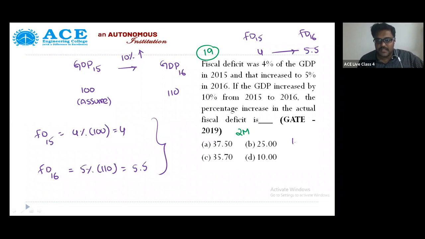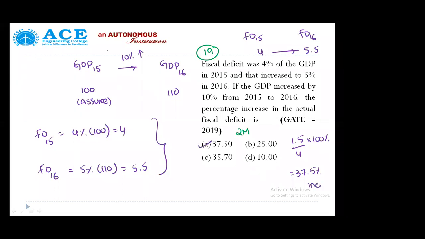How much increase? 1.5 with respect to 4, into 100, we'll get 37.5%. 37.5% increase. Option A is correct. It's clearly increased. Fine. Excellent, my dear friends.